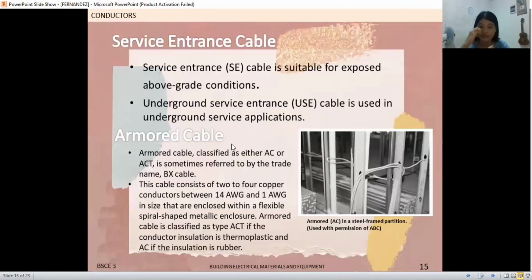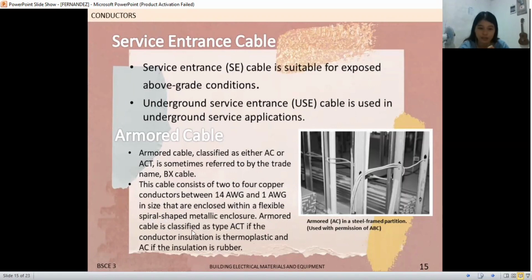Next is armored cable. Armored cable, classified as either AC or ACT, is sometimes referred to by a trade name, BX cable. So armored cable is also called BX cable. This cable consists of two to four copper conductors between 14 AWG and 1 AWG in size that are enclosed within a flexible spiral-shaped metallic enclosure.